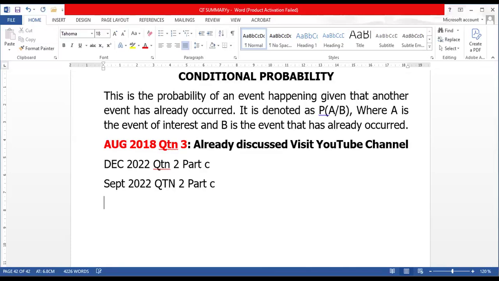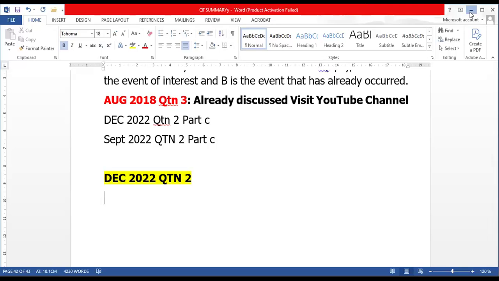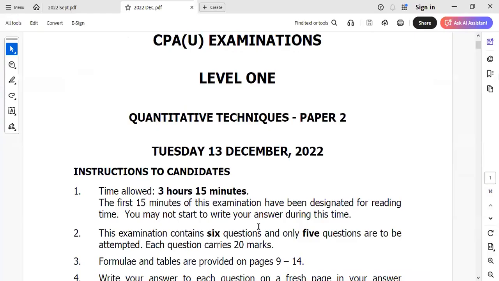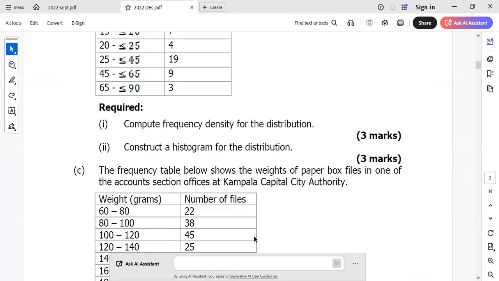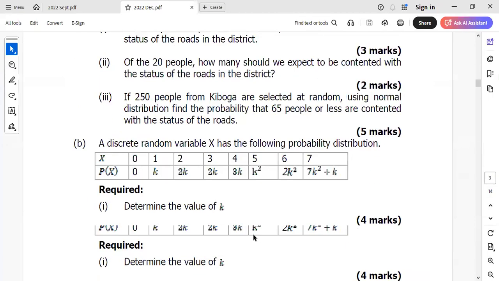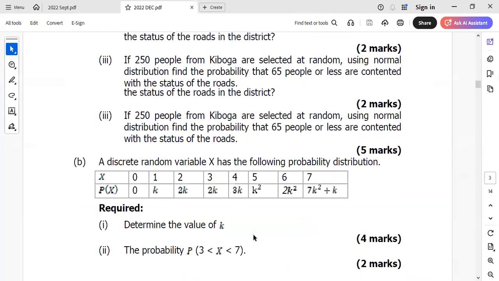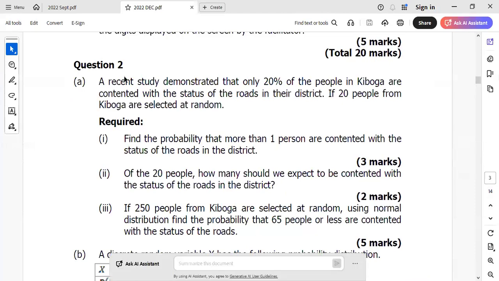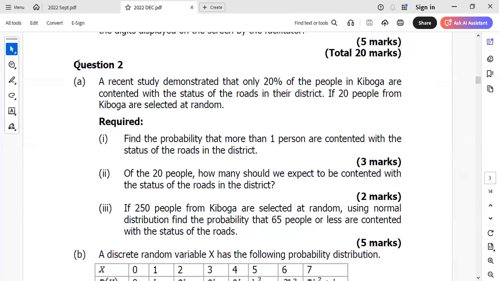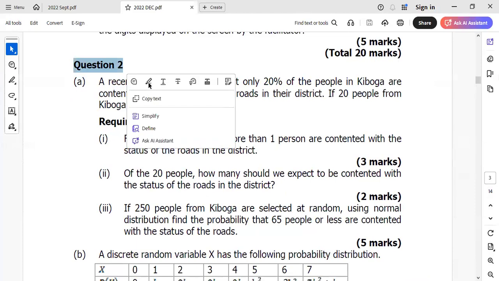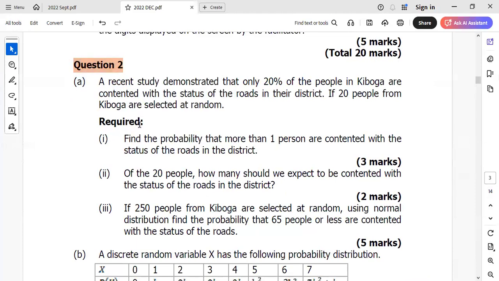So we are going to start with December 2022. This is question 2. We have already discussed all these ones. Just follow the recordings, follow the session.